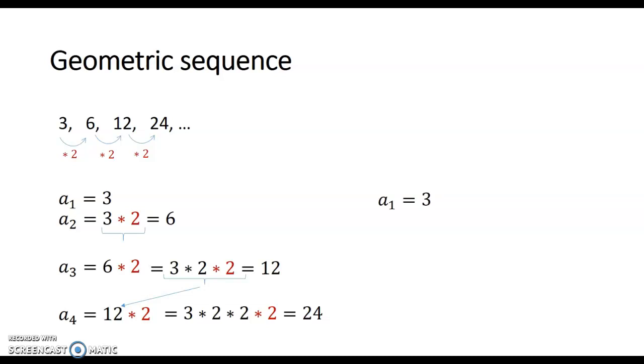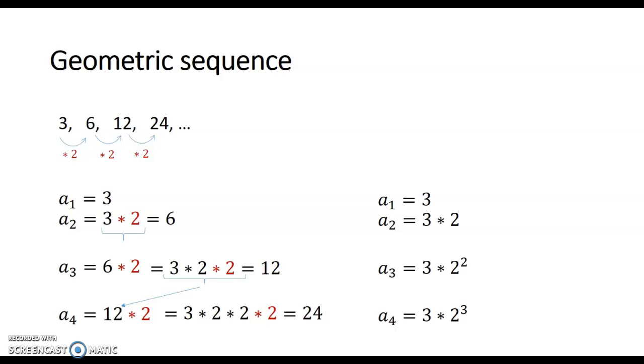Obviously the first one is simply 3. The second one is still the same 3 times 2, but where we have the same multiplier twice, we can of course use an exponent to write it. So we say 3 times 2 to the power of 2. Next one, here we are multiplying with the value 2, so we say that the multiplier 2 is to the power of 3.